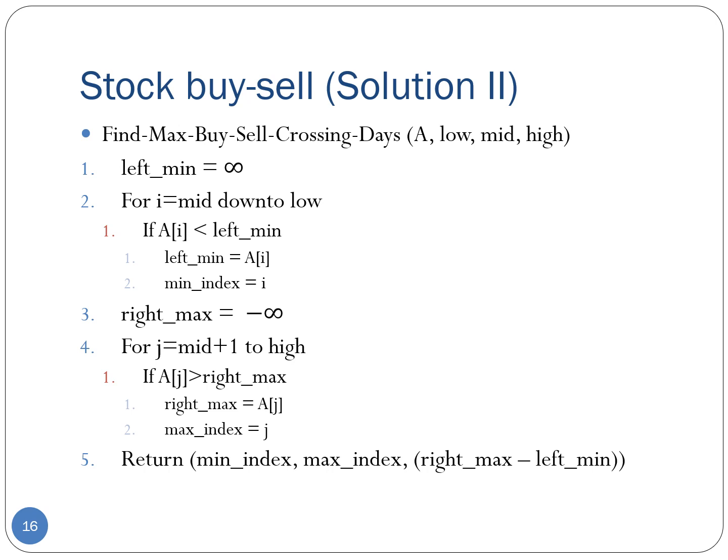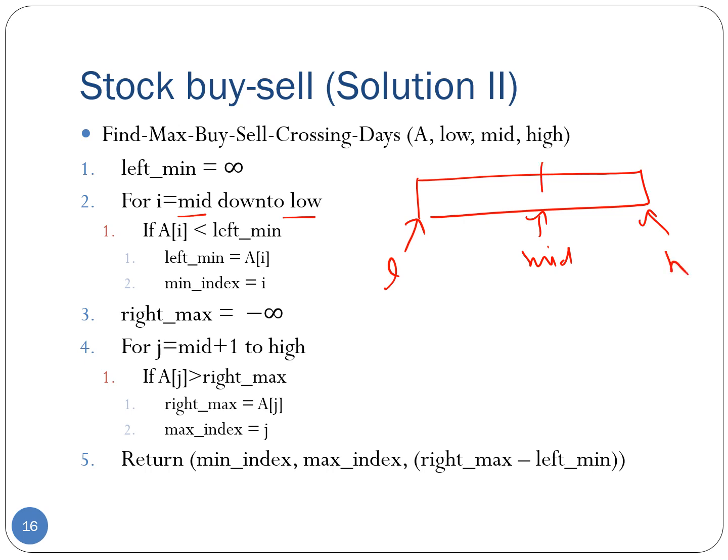As you can see, in the left half of the array, the function is simply going from the midpoint all the way to low. So if this is your array, this is your mid, this is your low, this is your high. From mid to low, it is simply finding the minimum value. The pointer goes from mid to low looking for the minimum value, and it keeps track of the minimum value found and the index of that minimum value.